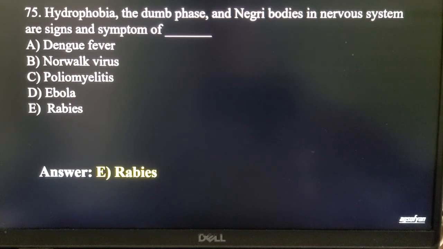Someone that has rabies, the next stage after nausea and vomiting will be hydrophobia, which is fear of water. And it will continue to the dumb stage or even coma or death. So these are several signs and symptoms of rabies.